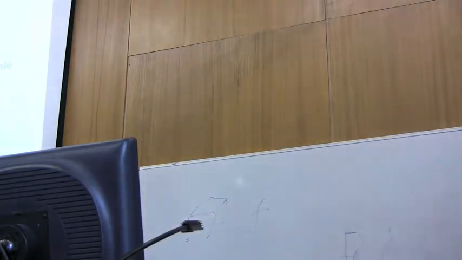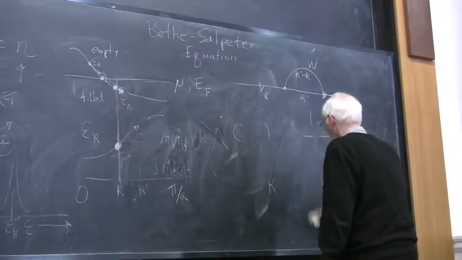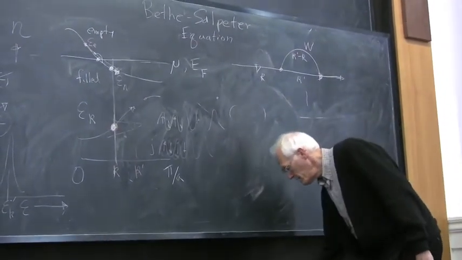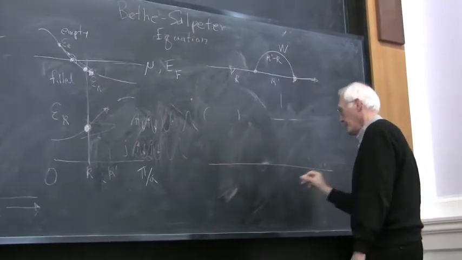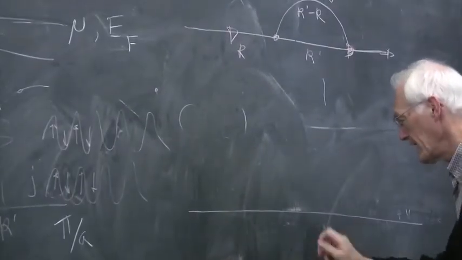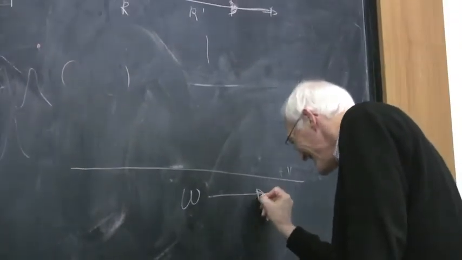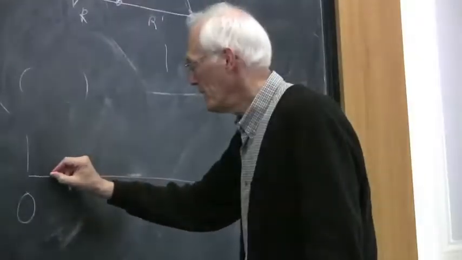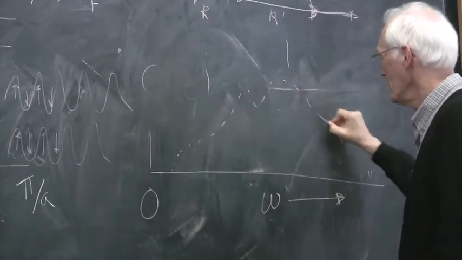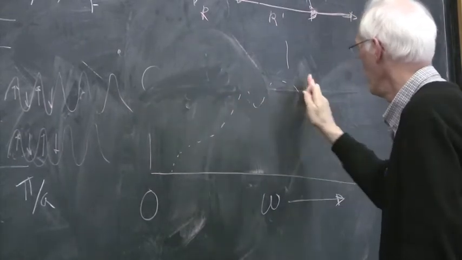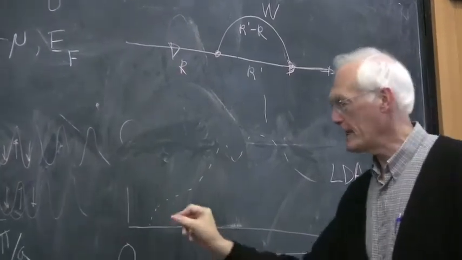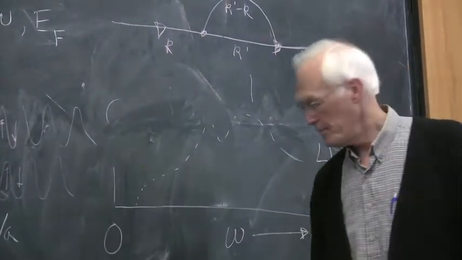Let me draw something on the board. What actually happens. Now, this light, you call it omega. At 0, you have this LDA, and you know the gap's too small.